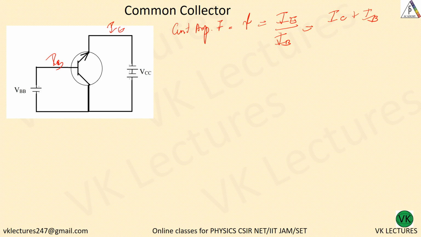So IE divided by IB, I can write as IC by IB plus IB by IB, that is equal to 1. Now what is this IC by IB? Current amplification in common emitter, that is nothing but beta. So gamma is beta plus 1.